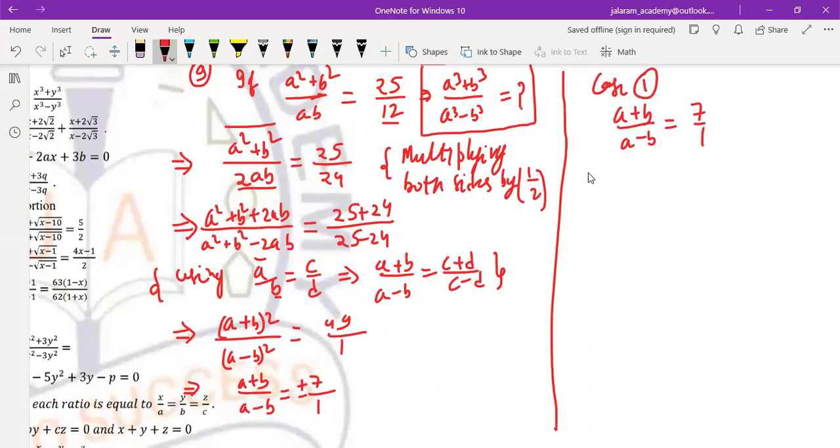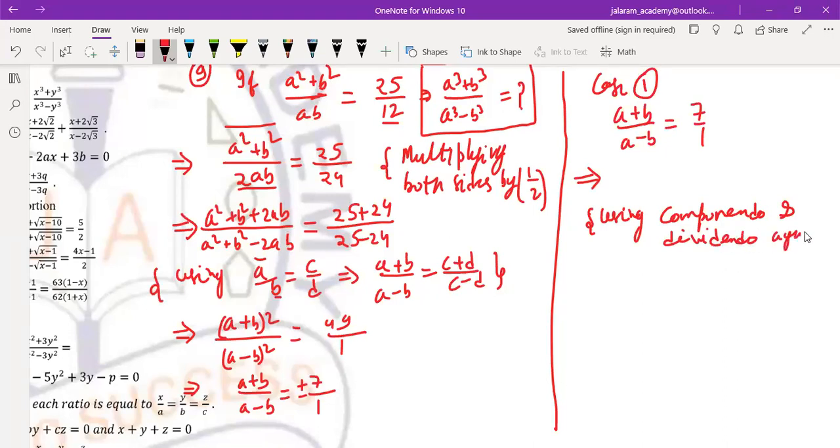In the second case, we will solve by substituting minus 7. Now using componendo and dividendo again.